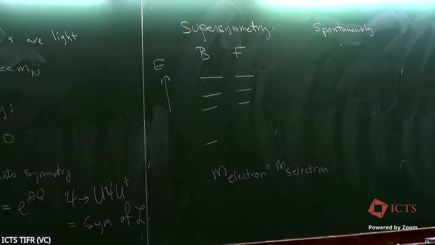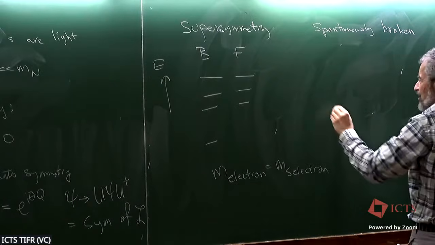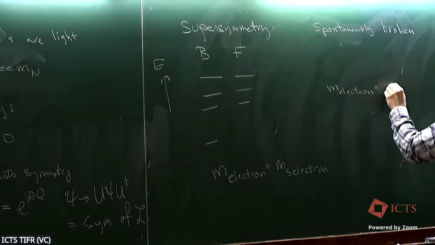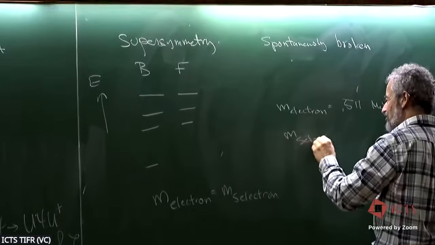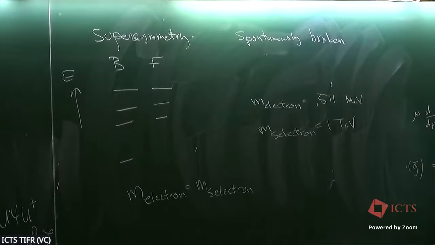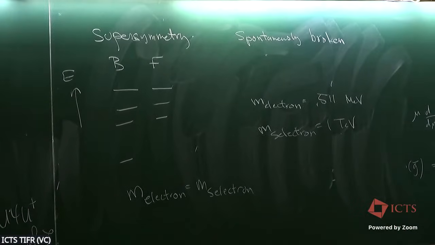Obviously, it does not look like the real world. Supersymmetry has been called the ultimate unified field theory because it unifies every known particle to an unknown one. When you spontaneously break supersymmetry, you can have M electron equals 0.511 MeV, and M selectron equals 1 TeV. So how in the world do you say that the symmetry is still there?